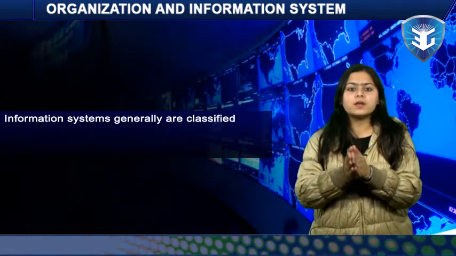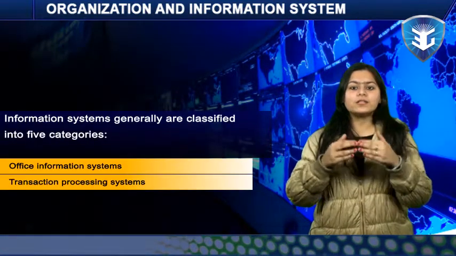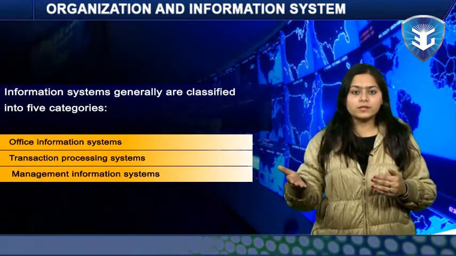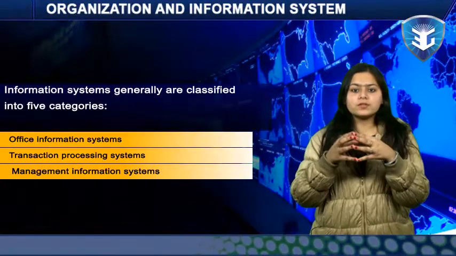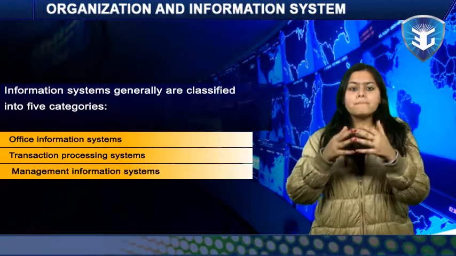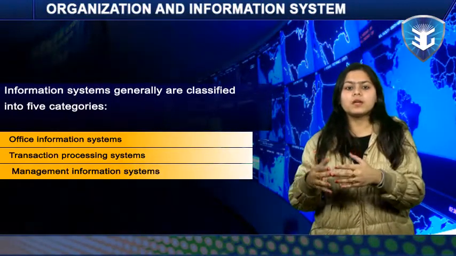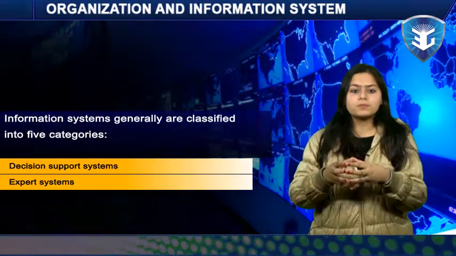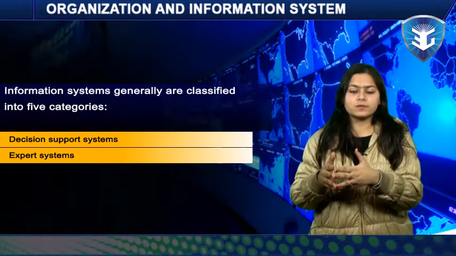Information systems generally are classified into 5 categories: office information systems, transaction processing systems, management information systems, decision support systems, and expert systems.